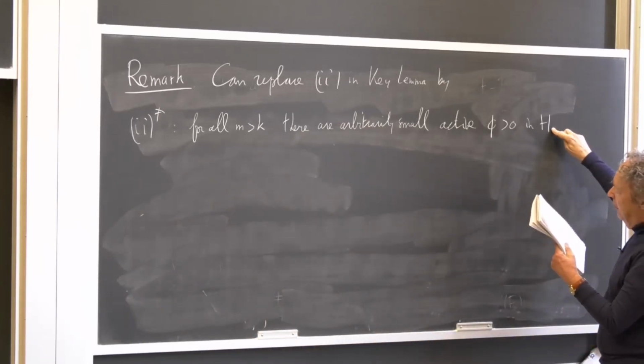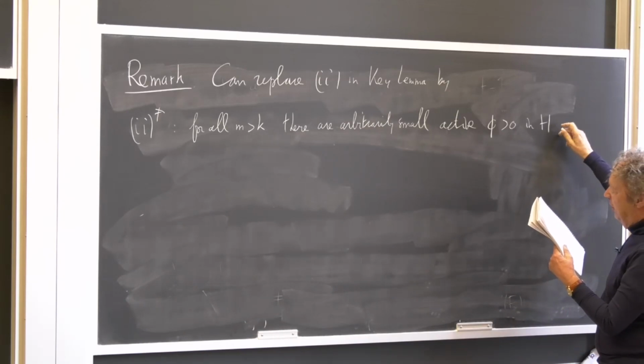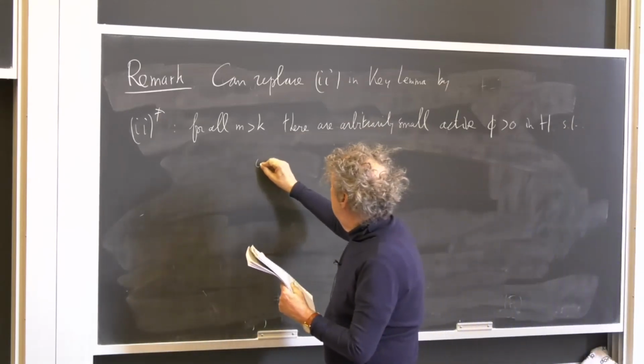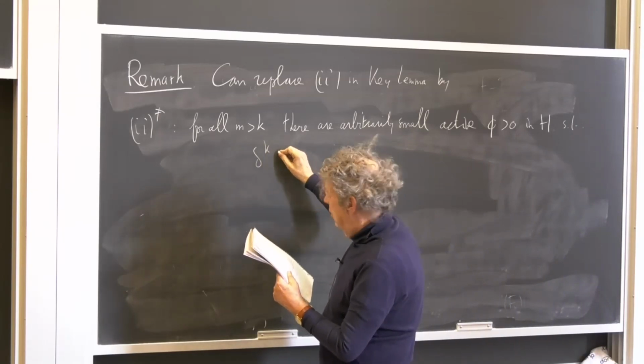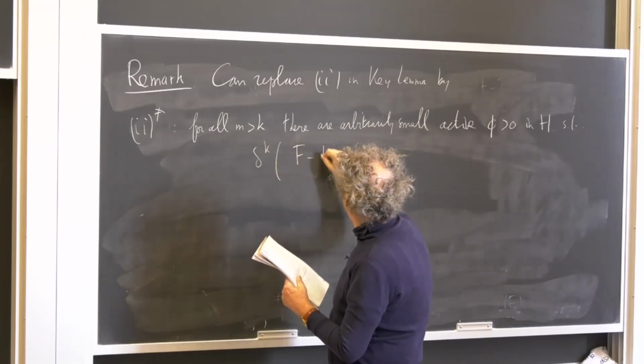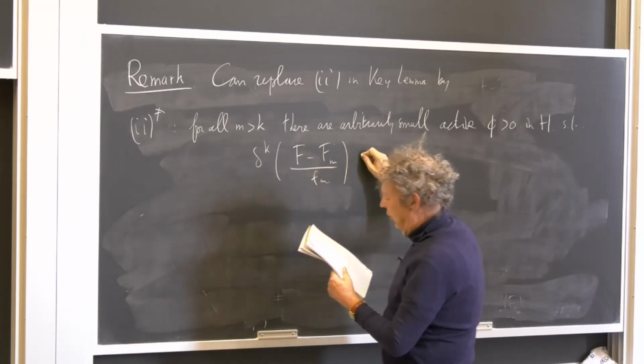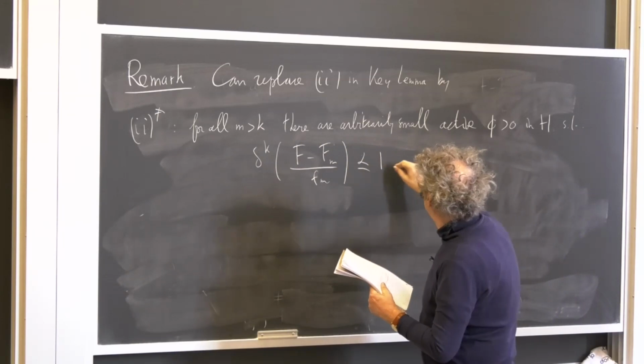Small active phi such that delta^k of f minus is bounded.